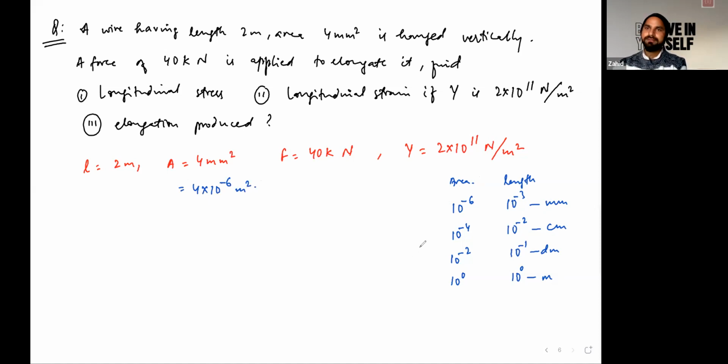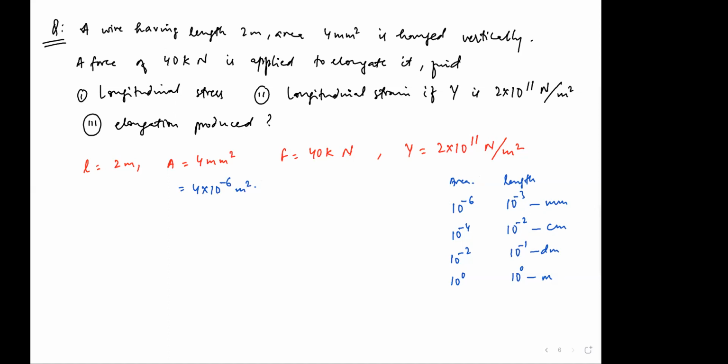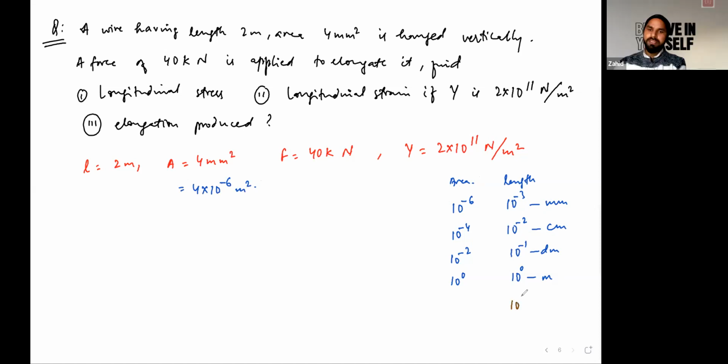Is it clear? Yes, sir. Similarly, on going to the higher values, 10 to the power plus 1 will be deca, 10 to the power plus 2 will be hecto, and 10 to the power plus 3 will be kilo. We have force as 40 kilonewton.